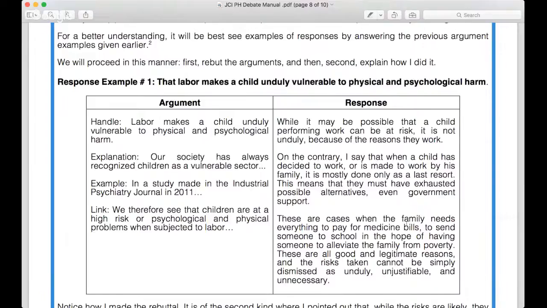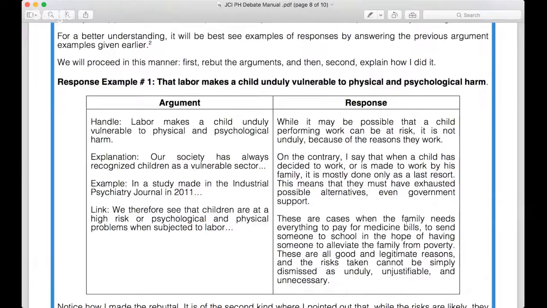Next, the second level of response would be that even if this is true, even if it's really unnecessary, you have to defend that the principles from your side of the house are greater than the principles your opponents say.